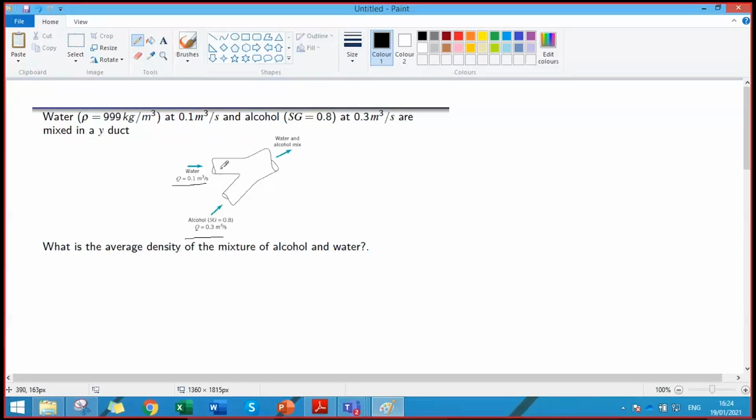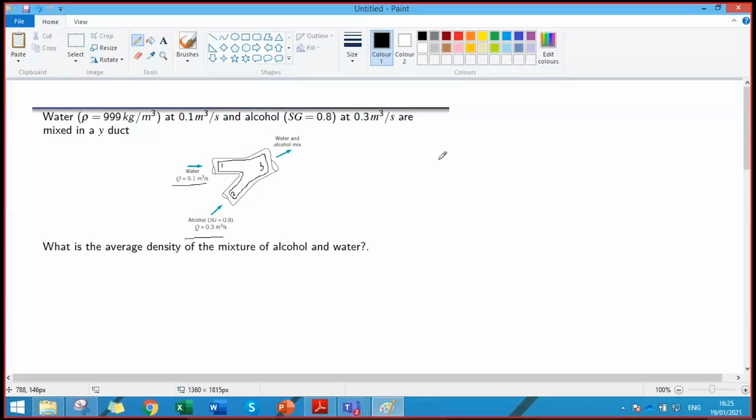Yes, sir. We define a control volume like this. And we say this is the 1, this is the 2 region, and the outlet is the third control surface. So there are two inlets and one outlet in this problem.